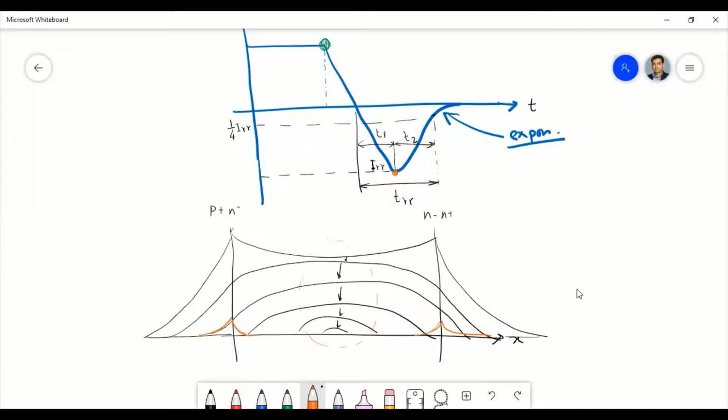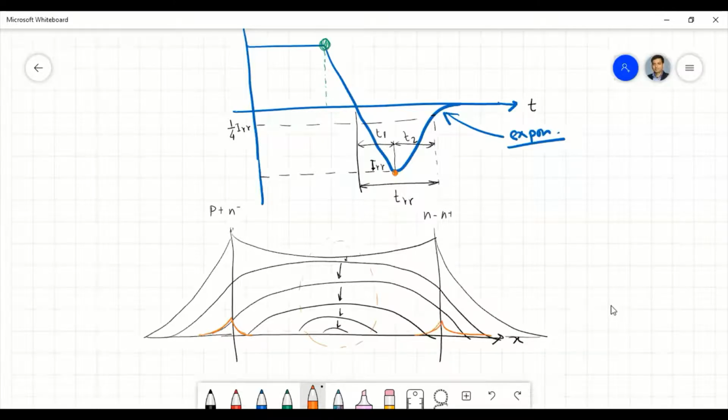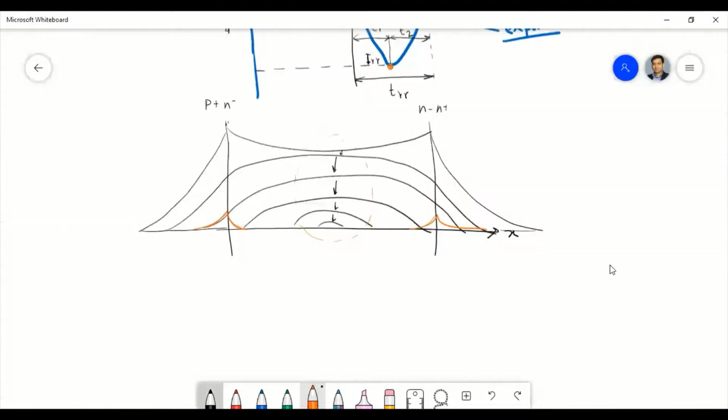Now from this we can understand one thing: in a power diode, or any diode, some time is required to get the thing back. This is somewhat like a capacitor. Suppose we have a capacitor.